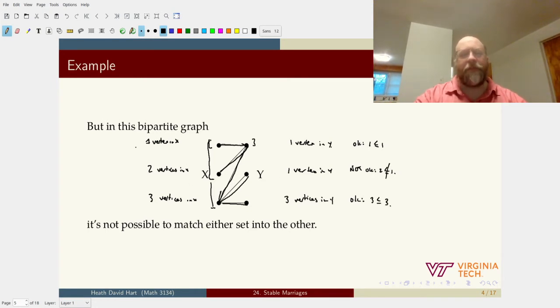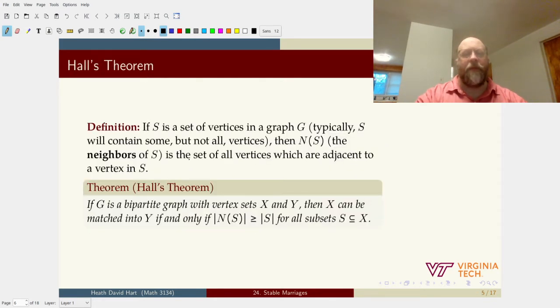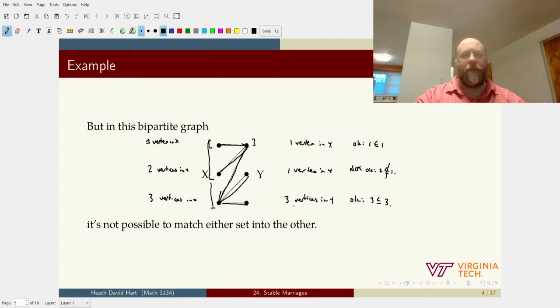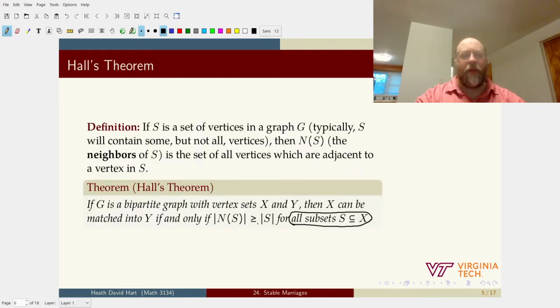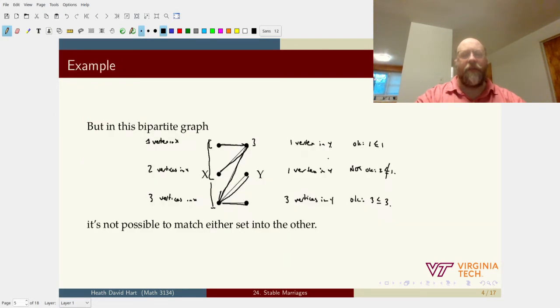But Hall's theorem says that all of these have to be okay, so that this has to be true for all subsets in X. And the inequality that the neighboring set has to be at least as large is not true in this case. The neighboring set is smaller.